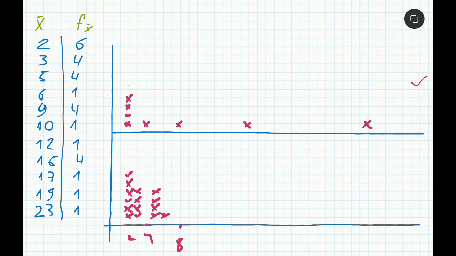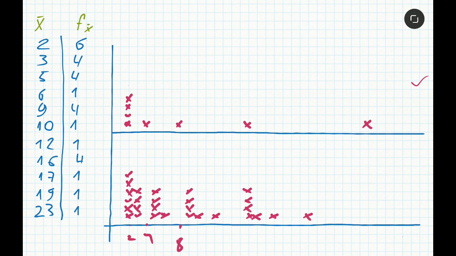So 9 is here, and we have 4 entries for that: 1, 2, 3, 4. And 1 entry for 10, 1 entry for 12, 4 entries for 16, 1 entry for 17, 1 entry for 19, and 1 entry for 23.